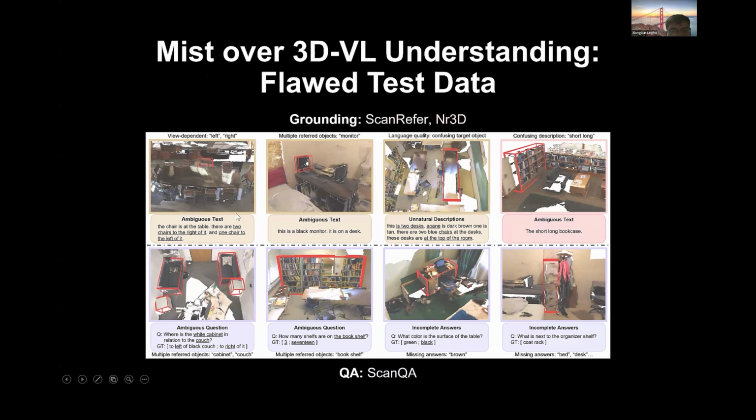In the first row, I show some unexpected cases in existing grounding benchmarks, ScanRefer and Nr3D. We can see that there are some ambiguous texts and unnatural descriptions in these benchmarks. So this data may mislead the model training and also provide unreliable evaluation.